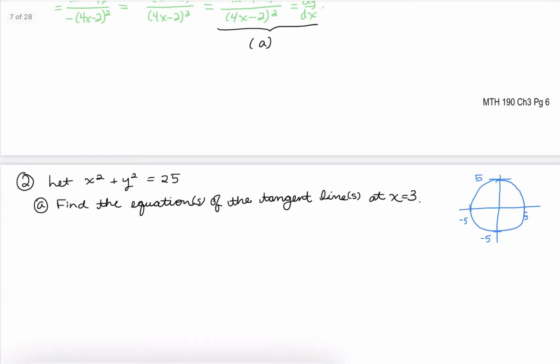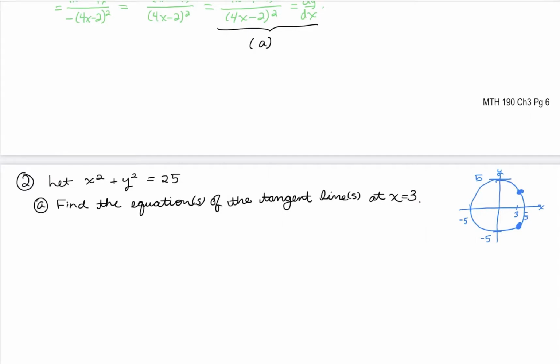And we are going to look for the equation of the tangent line or lines at x equals 3. Having a mental picture of the graph is useful because we should be able to see that there are 2 different points on that circle at x equals 3.